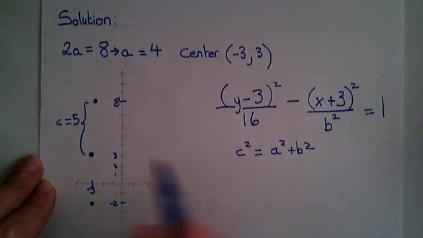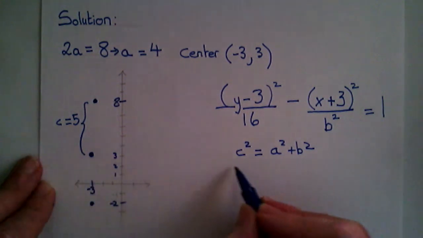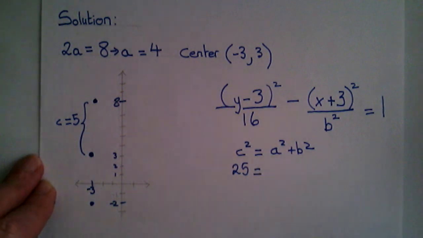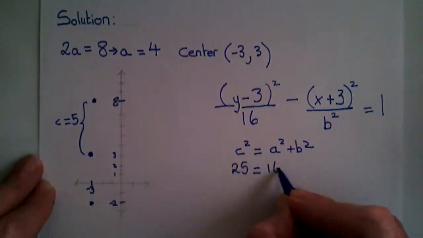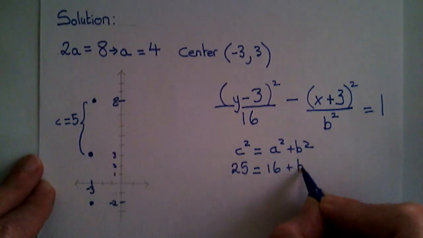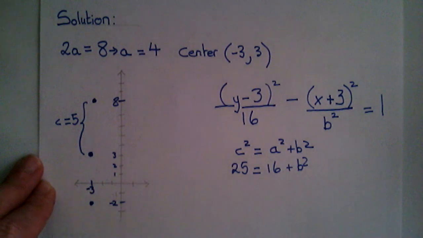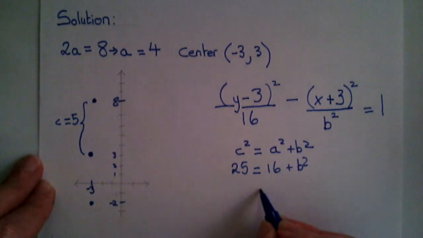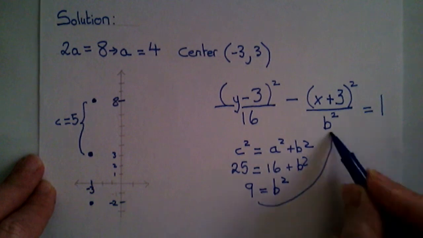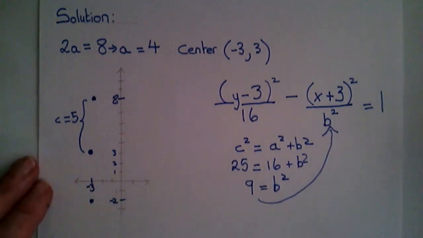So c squared, which would be 5 squared, is 25, is equal to a squared, which is 16, plus b squared. Move the 16 to the other side. B squared, 25 minus 16 gives me 9. So that 9 would go under there.